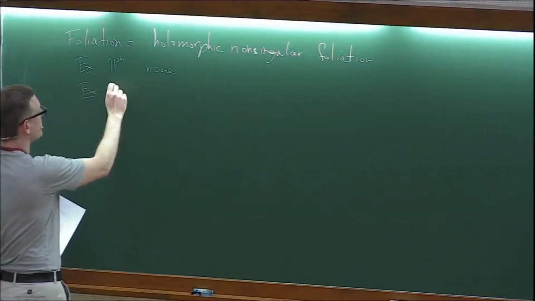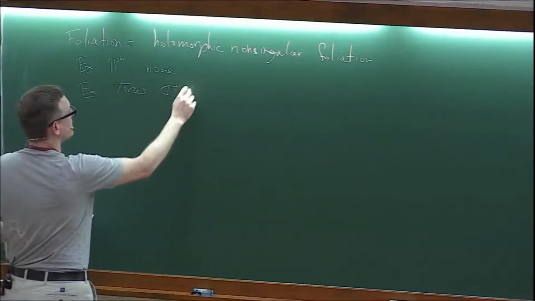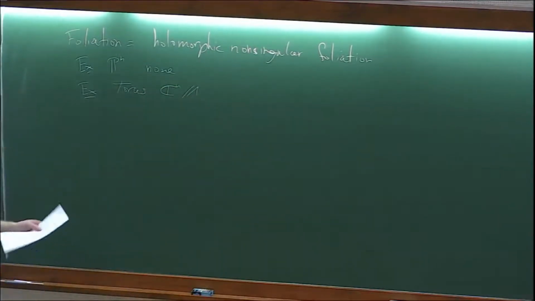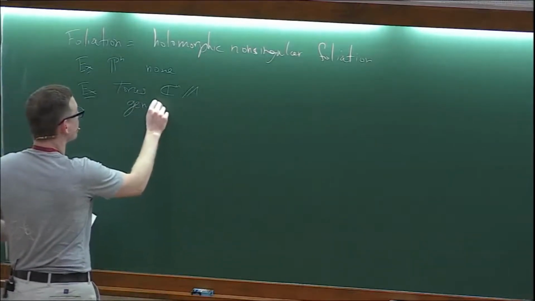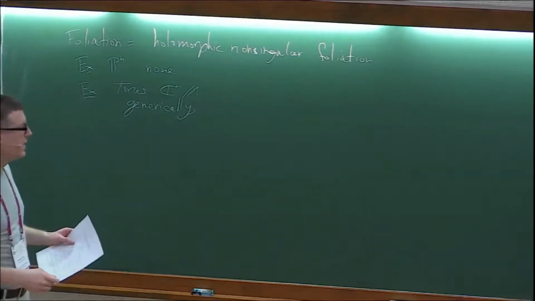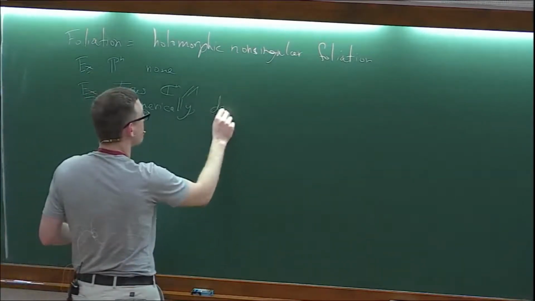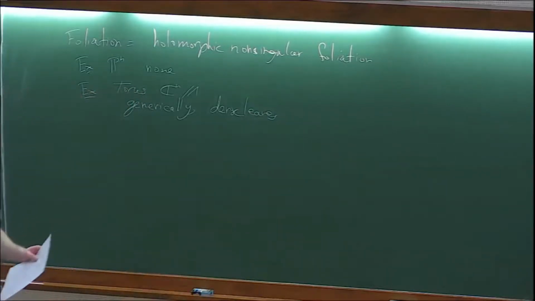We could look also at the complex torus, so Cn mod lattice. And then we know that the generic holomorphic foliation has dense leaves. So the leaf space is non-Hausdorff, right? So it's rather bad in some sense.